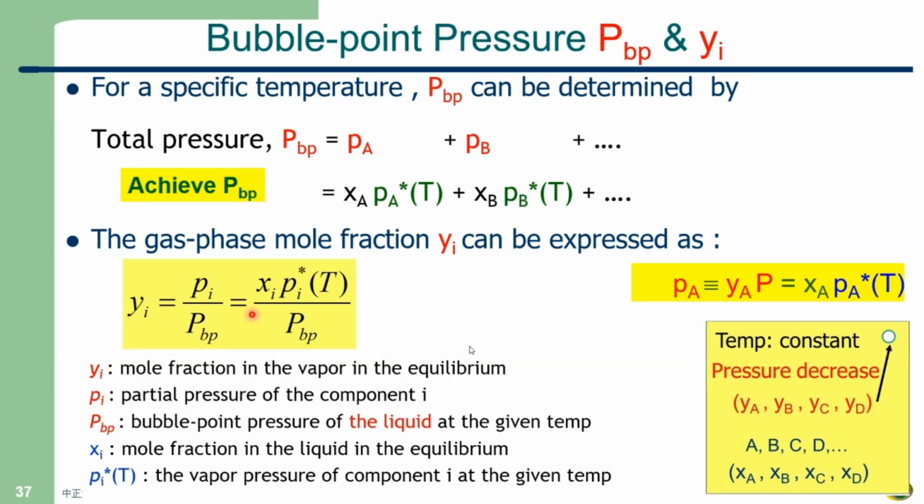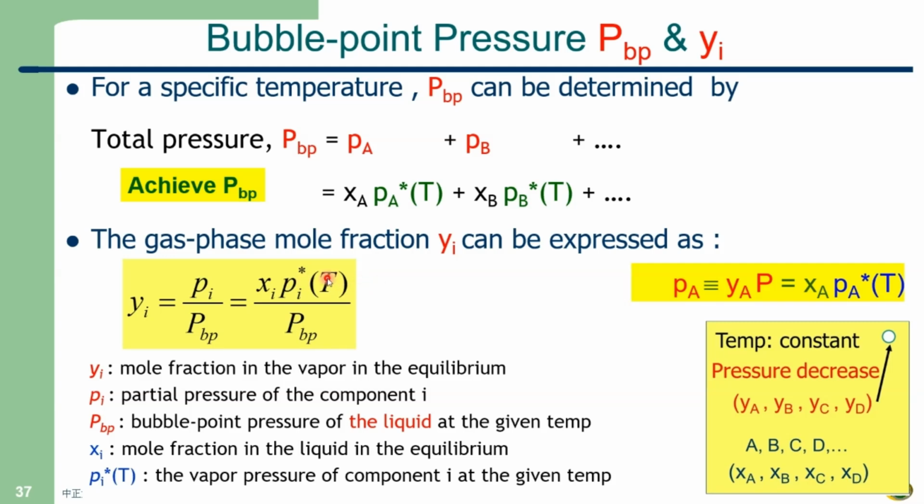Let me say this again. To get yi, this is Dalton's law, and this is Raoult's law. So yi is unknown. xi here, Pi star is a function of T. Because you know the constant pressure, constant temperature, you know the temperature here.